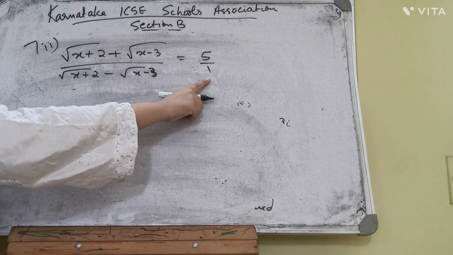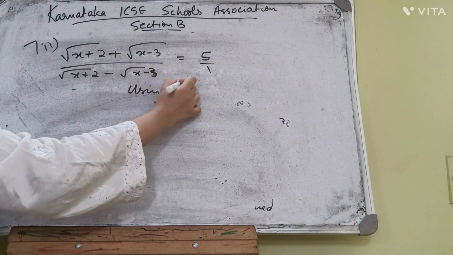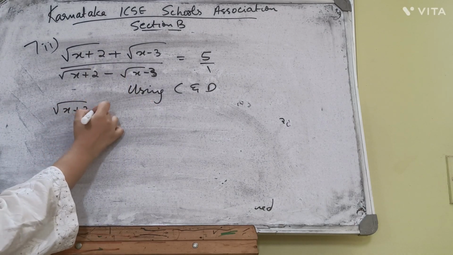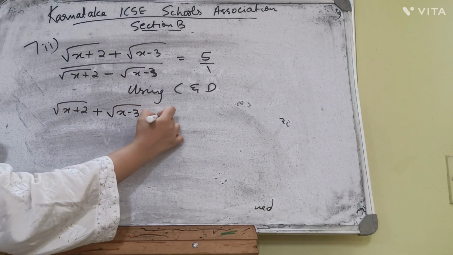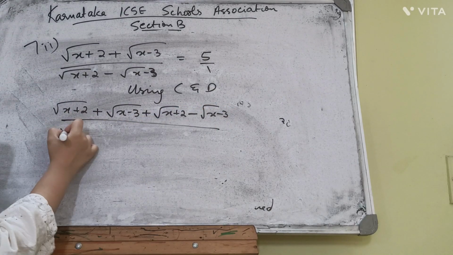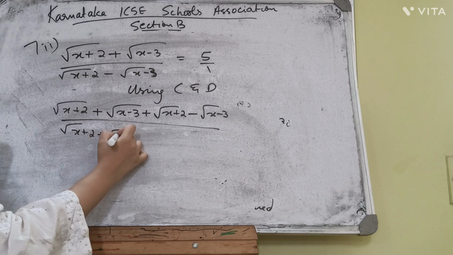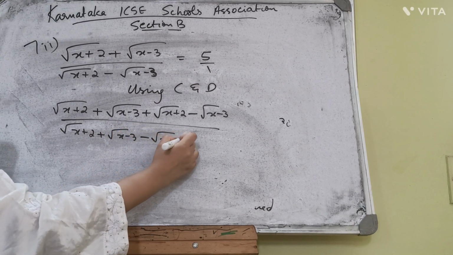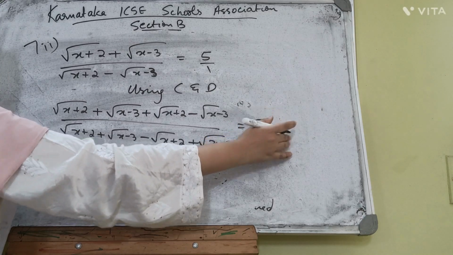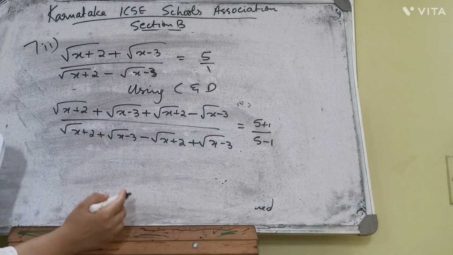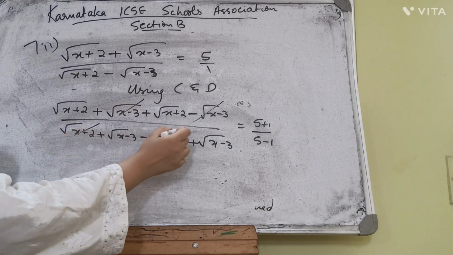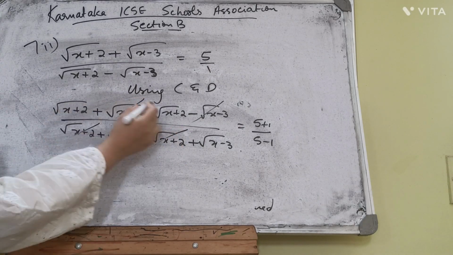There is no denominator here, so we will write this as 1, and using componendo and dividendo we get, alright. So here this part gets cancelled, and here root x plus 2 and root x plus 2 gets cancelled.